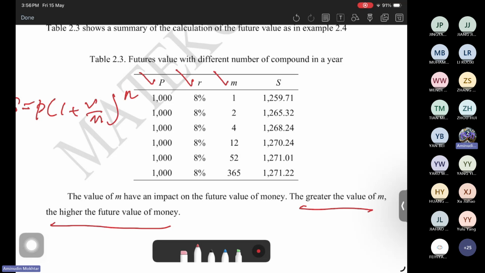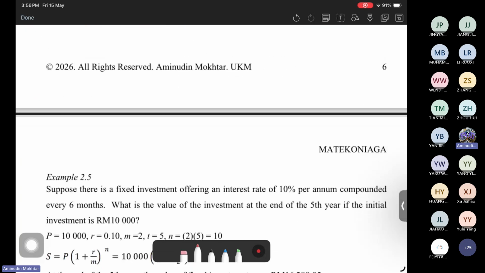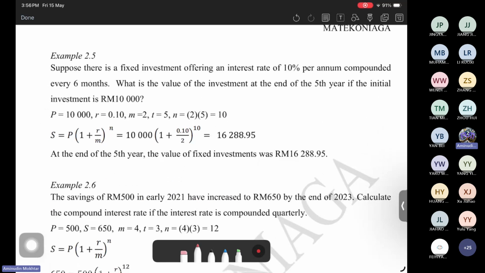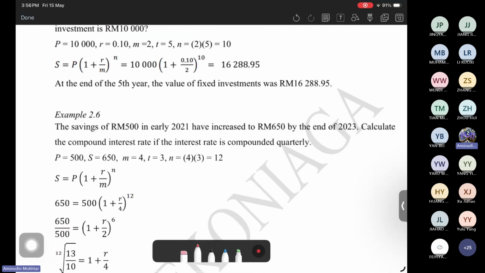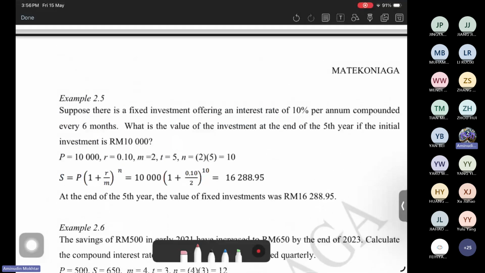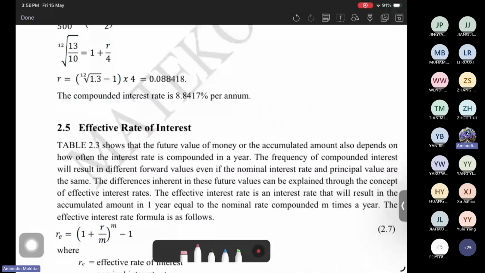Okay, and that's how we can conclude that we can calculate the future value of money based on compound interest with different values of M. Okay, I hope you can please review examples 2.5 and 2.6 to help you. I hope these two examples can help you improve your understanding of this topic.